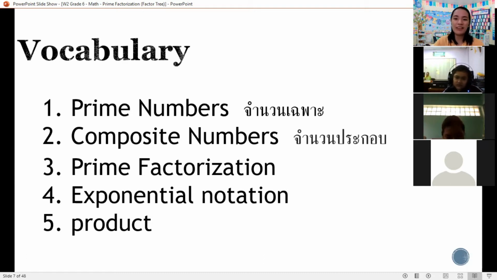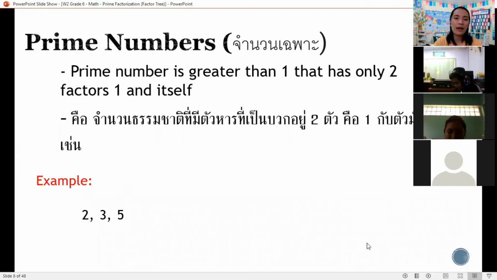Now let's move on. We have prime numbers. A prime number is greater than 1 and has only 2 factors, which is 1 and itself. In short, prime numbers have only 2 factors. For example, we have 2, 3, and 5. The factors of 2 are 1 and 2.